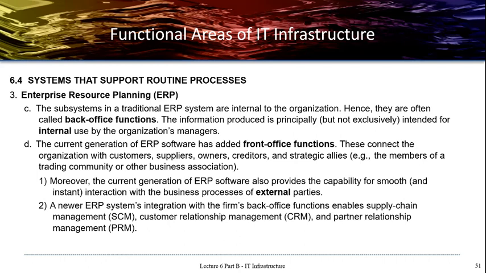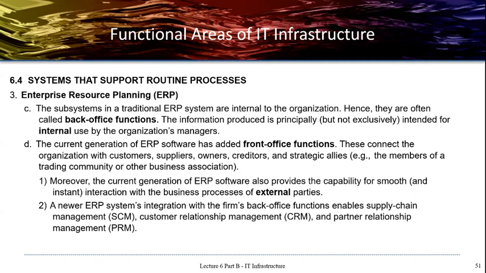The subsystems in traditional ERP systems are internal to the organization. Entirely internal organizational process improvements are what we are doing. Hence, they are often called back office functions. The information produced is primarily intended for internal use by the organization's managers. So the current generation of ERP software has added front office functions.